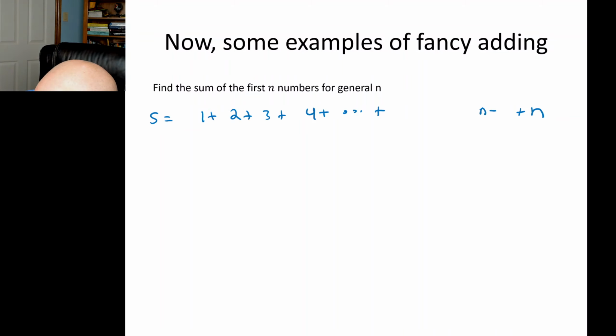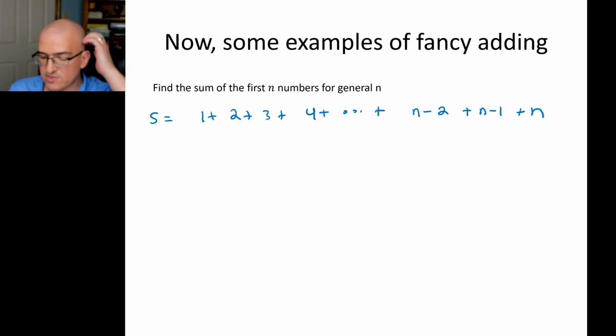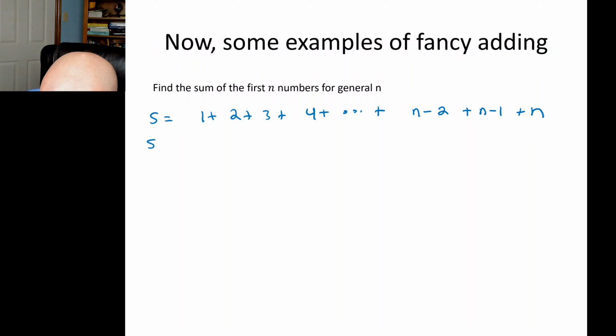So it'll be n minus 1. How about prior to that one? n minus 2. And I could do n minus 3 and so on, but I'll just stop there. Next, I can reverse the order of the sum. It's also equal to n plus n minus 1 plus n minus 2 plus n minus 3.